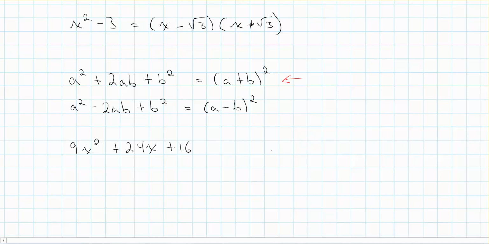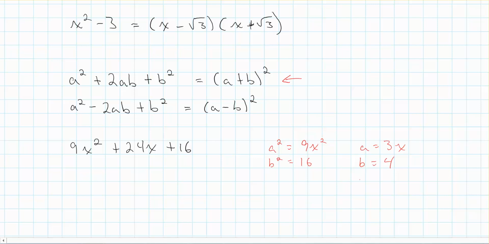If it was this case, we'd have a squared is equal to 9x squared. So that means a is simply just 3x. b squared would be equal to 16, which means b would be 4. And then what we need to make sure is that I have 2ab sitting there.